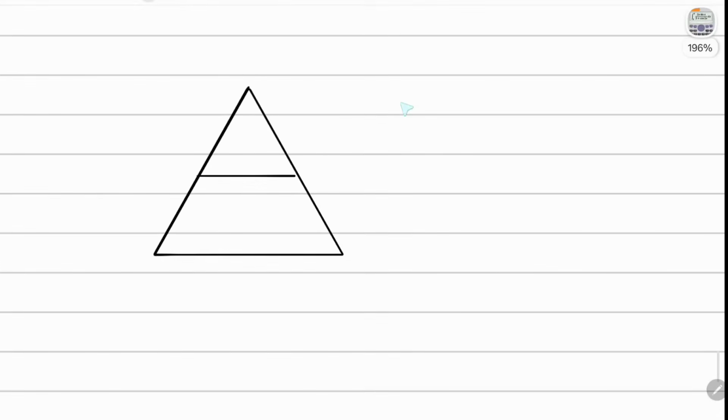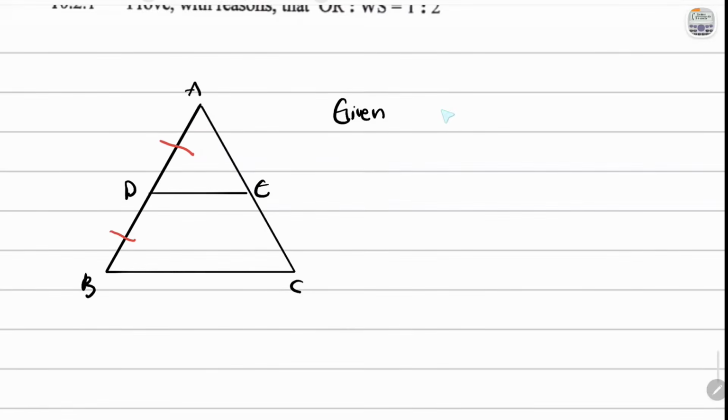Say this is ABC and this is DE. The thing that you will be given in the midpoint theorem is that AD is equal to DB. You're first told that. So AD equals DB. And then you're also told that DE is parallel to BC.